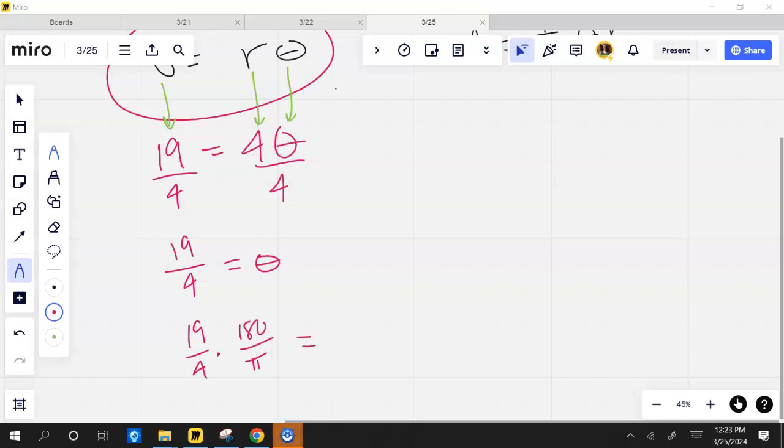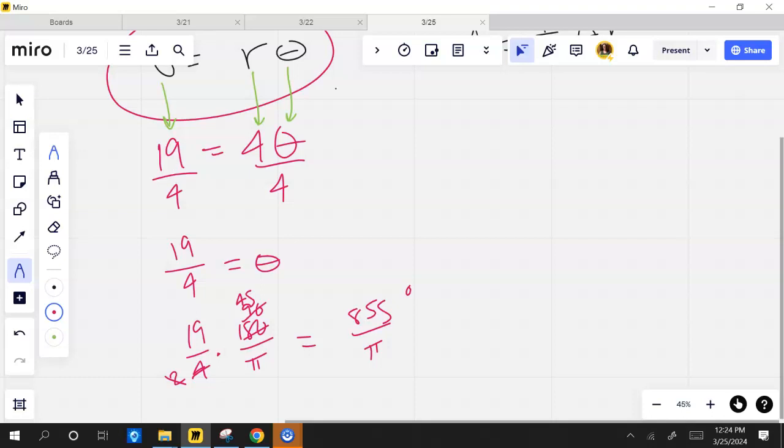You can use your calculator on this. 2, 90, 45. What would be 900 minus 45?